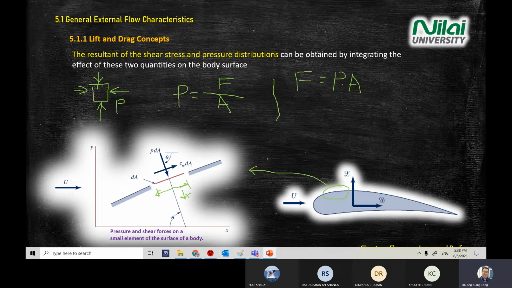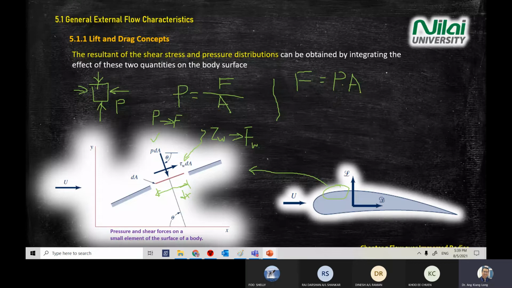So we have two forces on the surface here. One is because of the pressure, P, already converted to force. Another is due to wall shear stress, also converted to force. Forces due to shear stress.